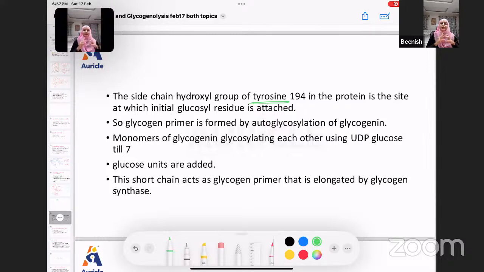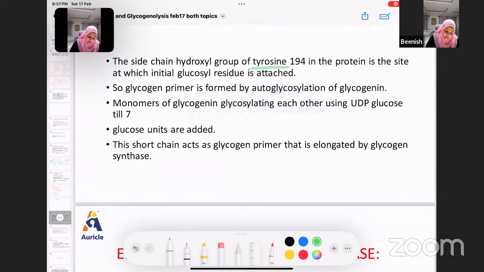So, there is a primer known as glycogenin. It is a protein rich in tyrosine residues, and the hydroxyl of the tyrosine is the first site where glucosyl residues will be added. So the glycogen primer is formed by autoglycosylation of glycogenin. Monomers of glycogenin glycosylate each other using UDP glucose until 7 residues are added.